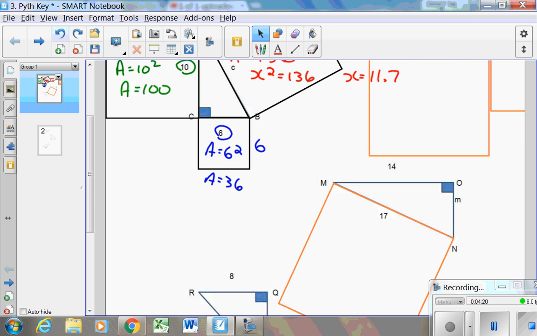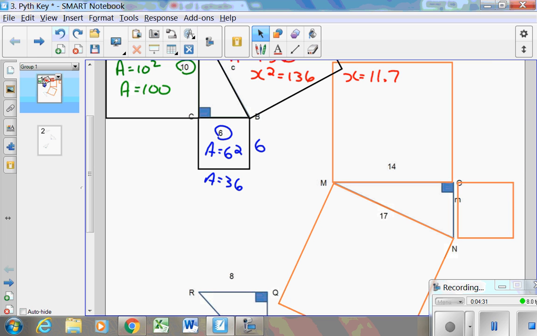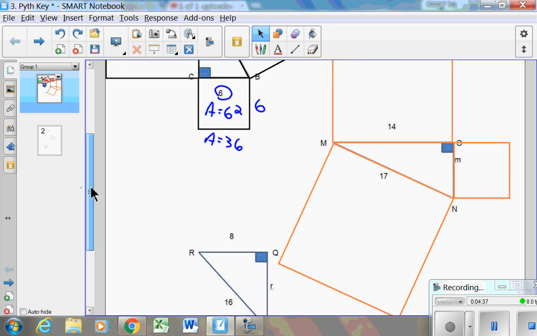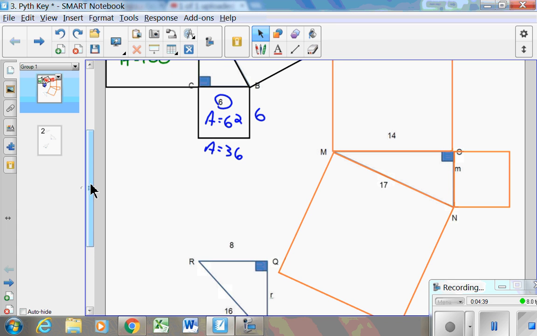Or if it's truly looking like a rectangle because we just ran out of room, that's okay as well. And the last one here. Okay, so we have three squares. We have a 14 by 14 square, we have a 17 by 17 square, and we have an unknown square.